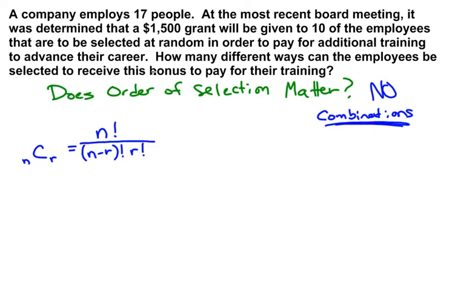Now, in this particular problem, again, you want to make sure you identify what n and r are. So n is equal to the 17 people, 17 employees, and r is going to be the 10 selected.